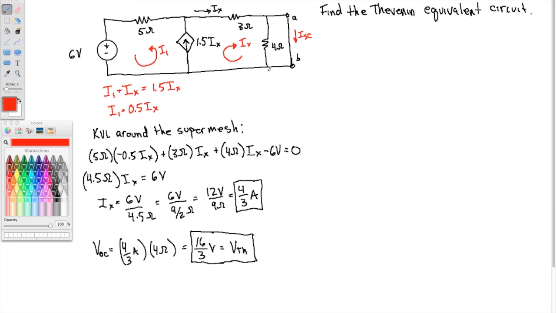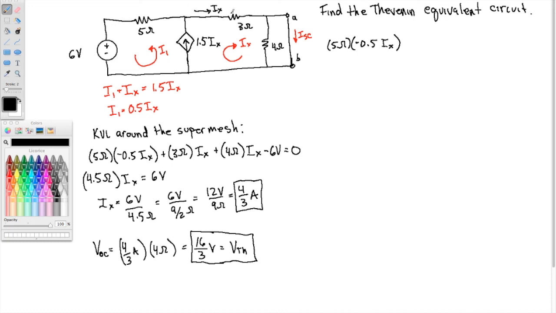Again, this is not bad. We already have done the legwork. We're going to stick with KVL to find this current. Not much changes. We have the 5 ohms, and the relationship between the two currents is the same. If I start up here and go clockwise, I've got 5 ohms times negative 0.5 Ix.